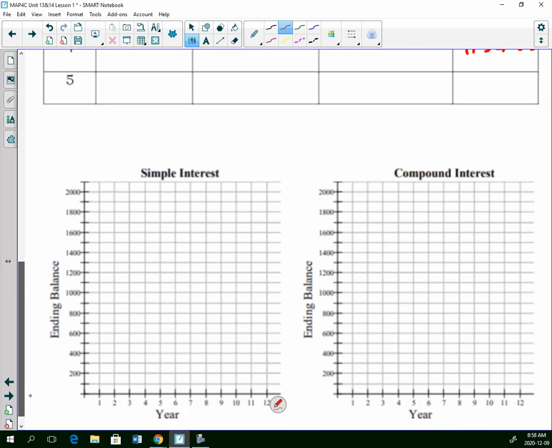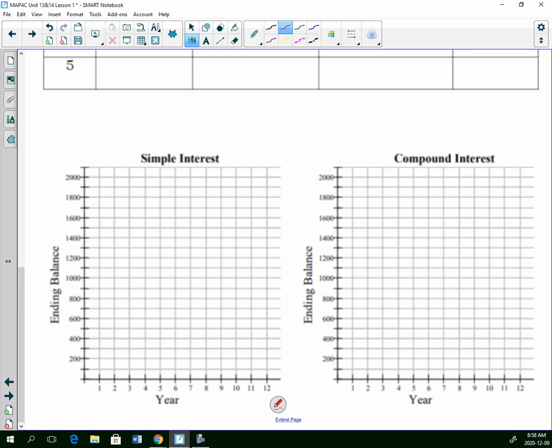If you were to graph these, with simple interest you started with 1,000, the first year you had 1,050, then 1,100, and so on. With simple interest, you're going to get a straight line, because you're making the same amount every year, up $50, up $50, up $50. With compound interest, you're going to get an exponential function.